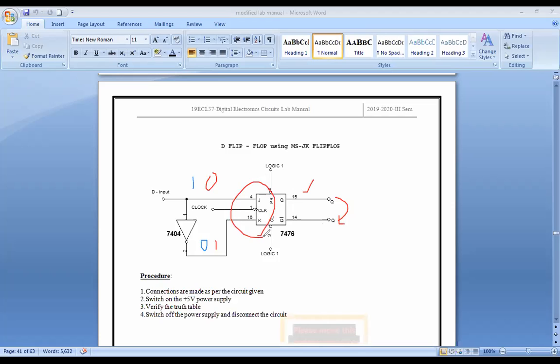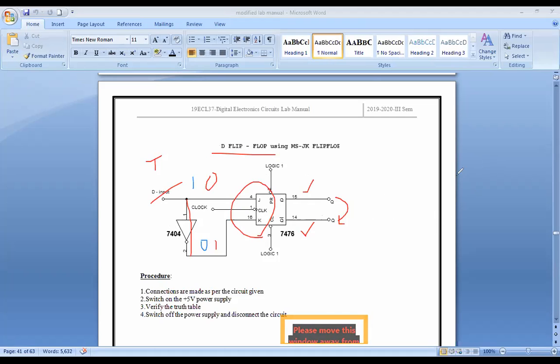If you connect an inverter in between, it becomes a D flip-flop. If you short them together, then this becomes a T flip-flop. If you give them separately, then as usual, we can use it as a JK flip-flop. So with one IC, multiple flip-flops can be implemented.